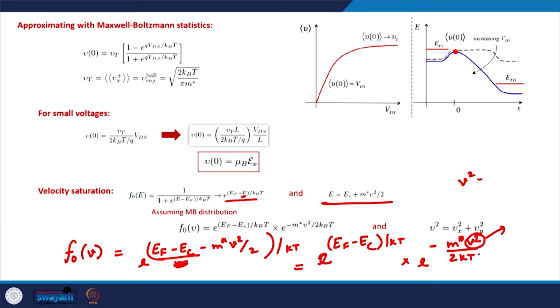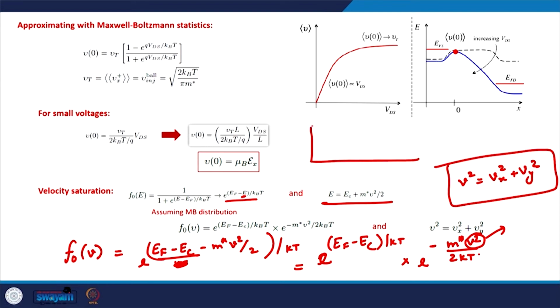So this v square is vx square plus vy square. For an arbitrary electron which is starting in the channel, this is the velocity at any angle, it will have a Vx component and it will have a Vy component. This is the net velocity, this is source, this is drain, and this is the channel. So this is how we obtain the distribution of velocities in the ballistic MOSFET.